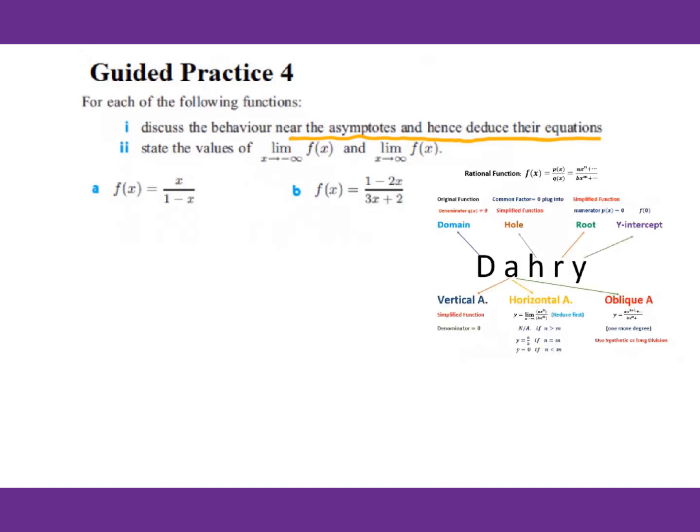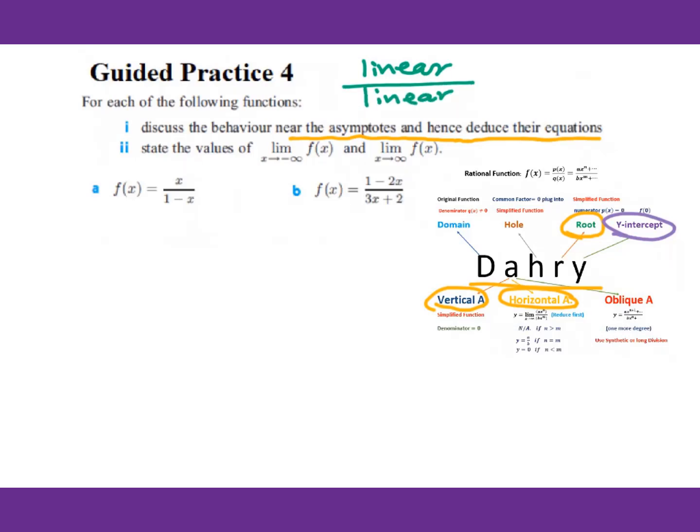We use a diagram to figure out the root, vertical asymptote line, horizontal asymptote line, and y-intercept. Since this is a linear over linear rational function, we only need these 4 properties. That's enough to sketch the graph.